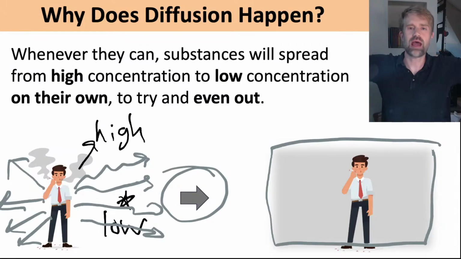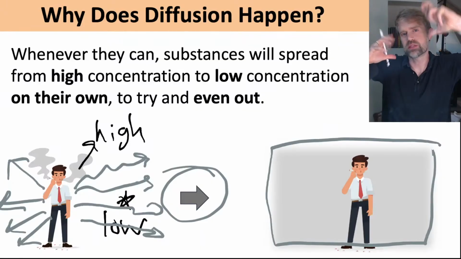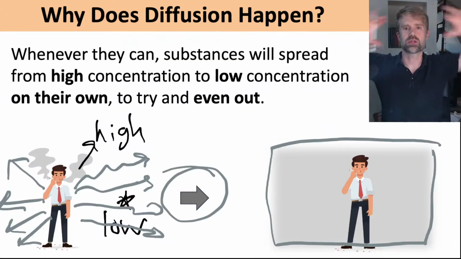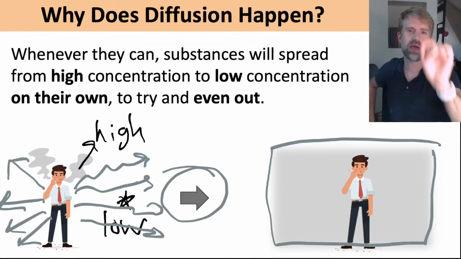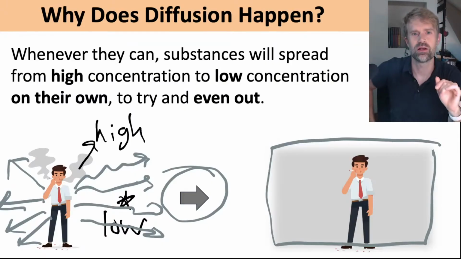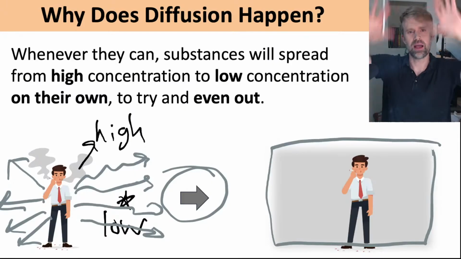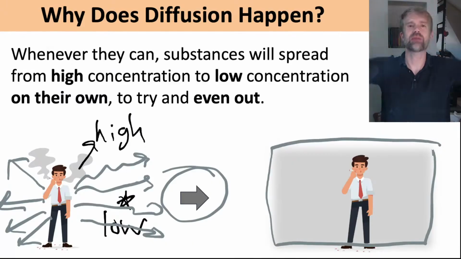It's evened out everywhere in the bar. All right? It's not just going to stay high close to his face, very low elsewhere. It's going to go from high to low. And it's going to try to even out. Okay? This is a fundamental rule of nature, that things go from high concentration to low concentration and they try to even out.